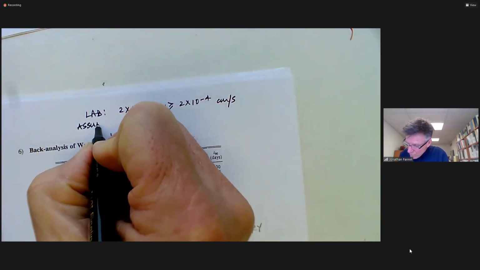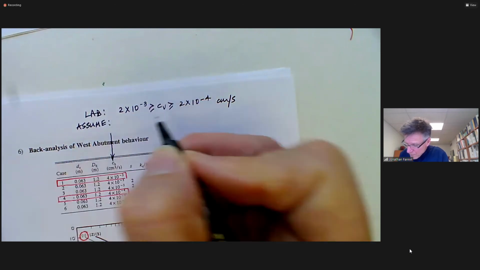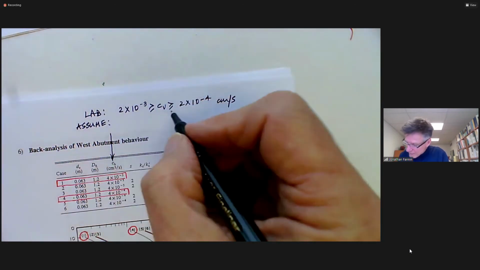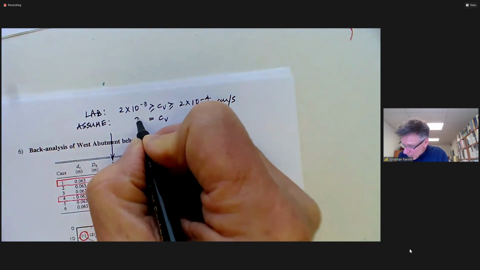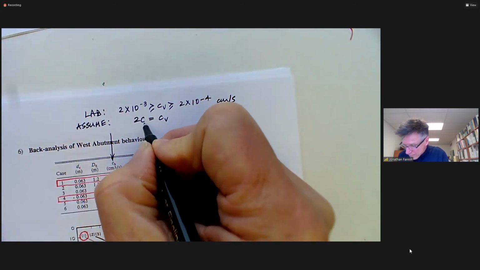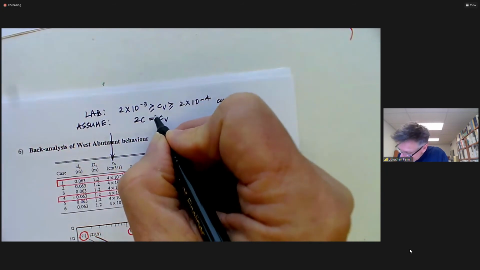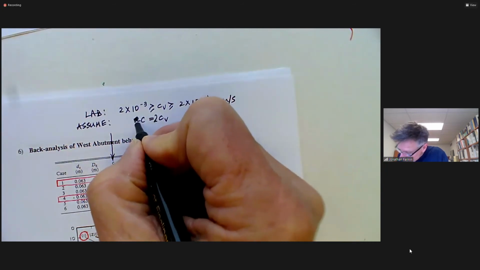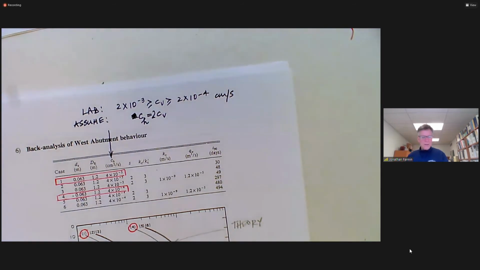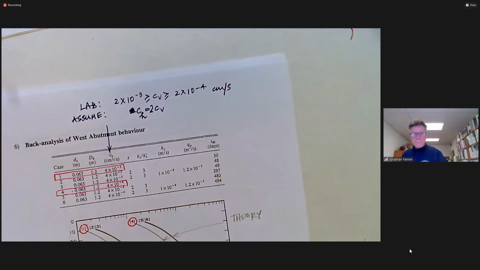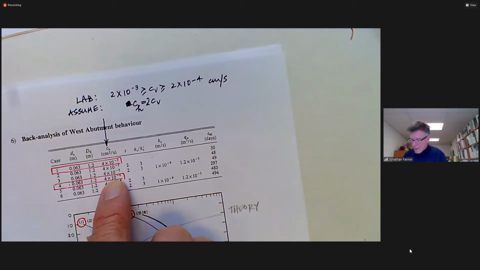And we assumed, for purposes of back analysis, that C sub h is twice as large as C sub v. Okay? And that's where that number came from.